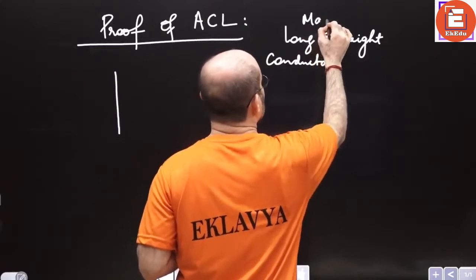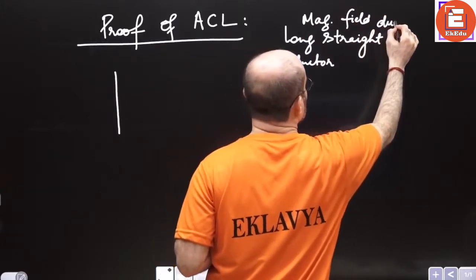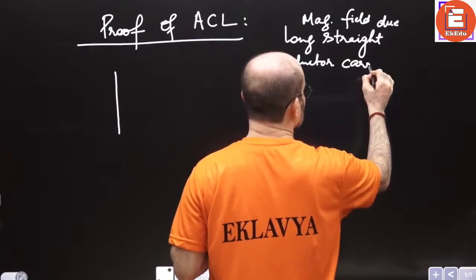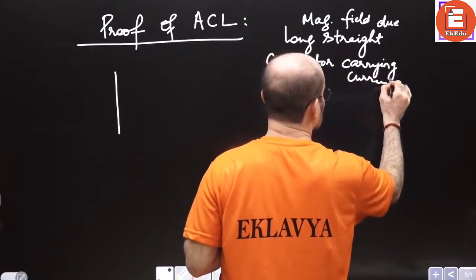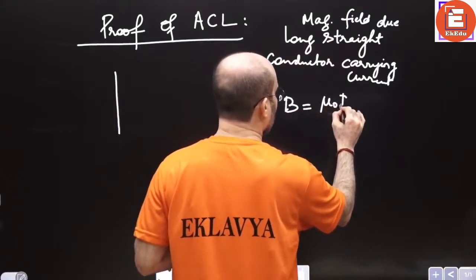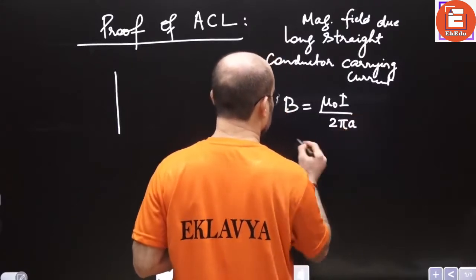The magnetic field due to a long straight conductor carrying current is equal to what? B equals mu naught I by 2 pi R.